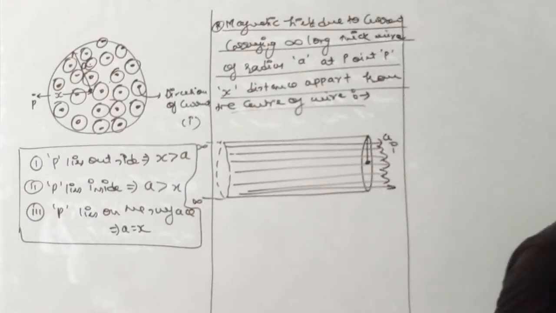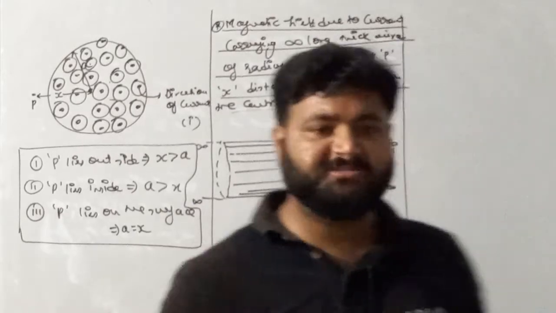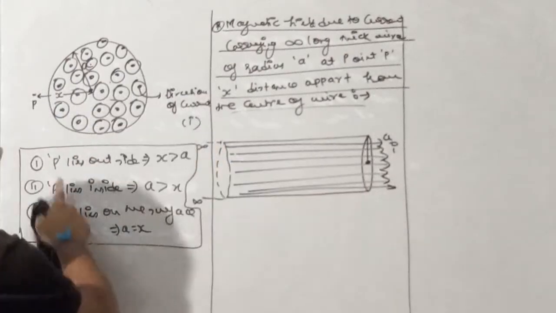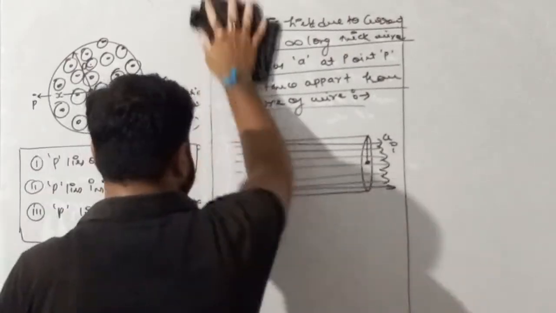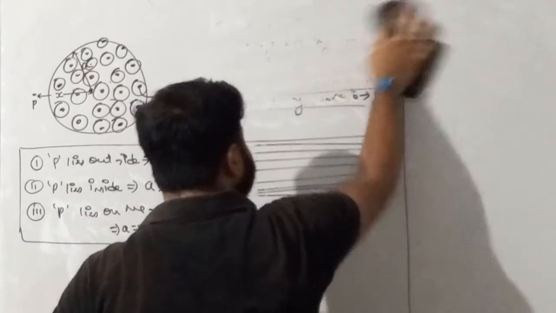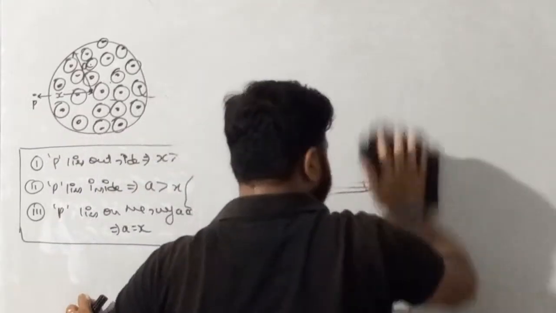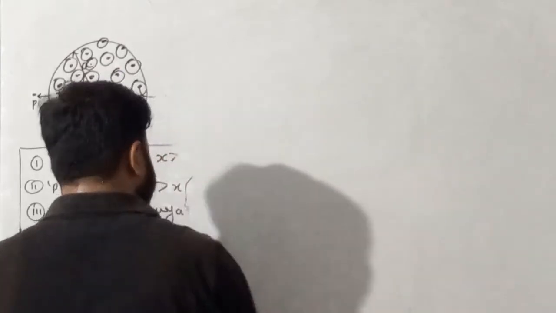Now we'll discuss the first case, that is, P lies outside. So please write down case first, if P lies outside.